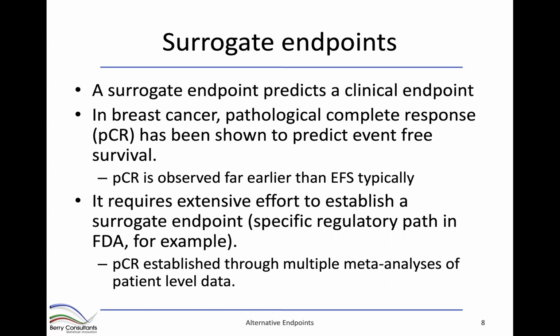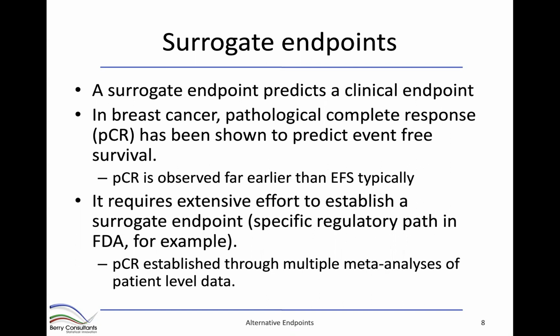Now, this is related to the amyloid discussion earlier. There are surrogate endpoints. A surrogate endpoint is an endpoint that has actually been shown to predict a clinical endpoint. So in breast cancer, there is a surrogate endpoint called PCR, which is a pathological complete response.